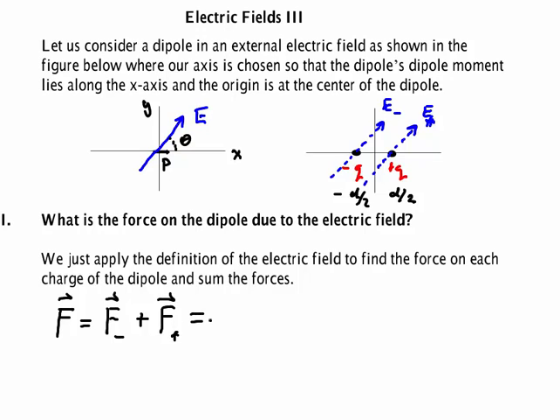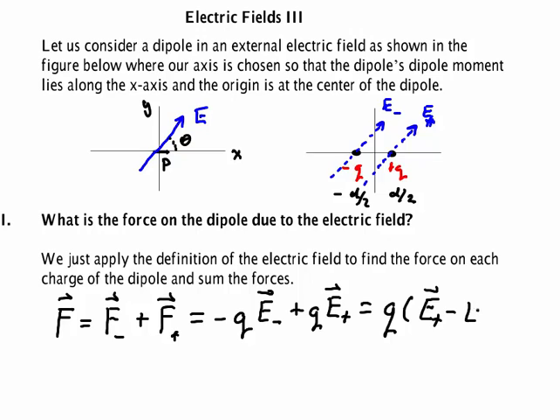So the force on the dipole is in fact minus Q times whatever the electric field is at the negative charge's location, plus Q times the electric field at the positive charge's location. We can factor out a Q, and we get the difference between the electric field at the positive charge's location and the electric field at the negative charge's location.